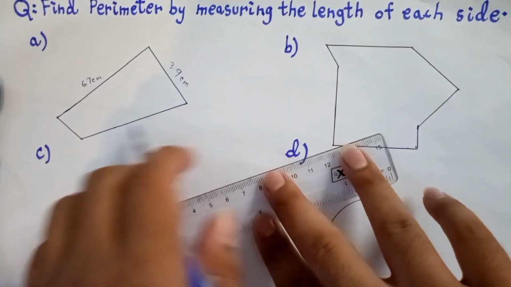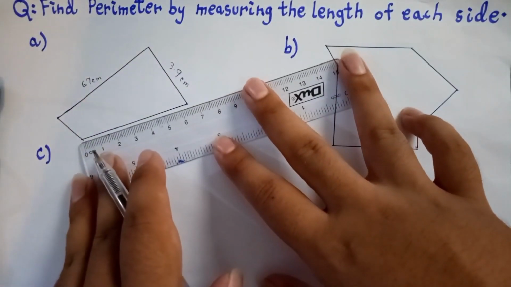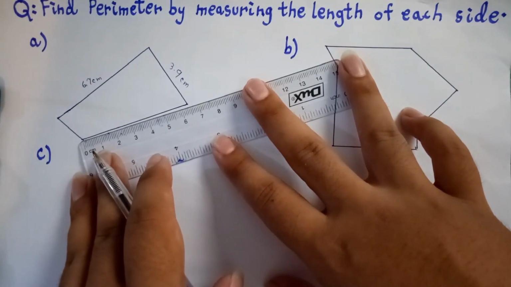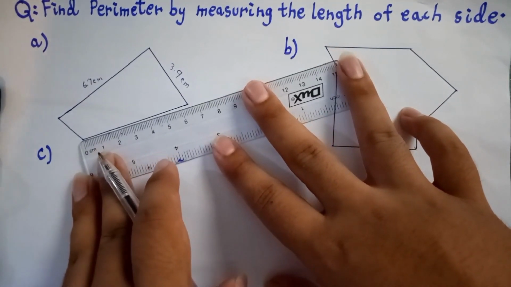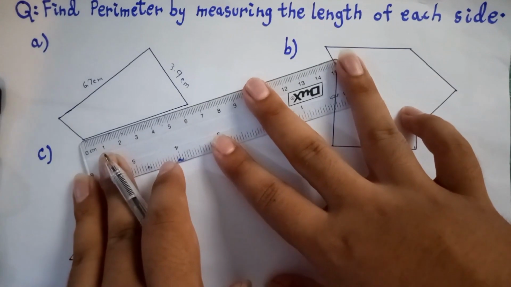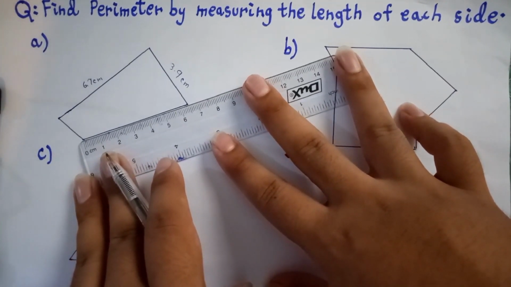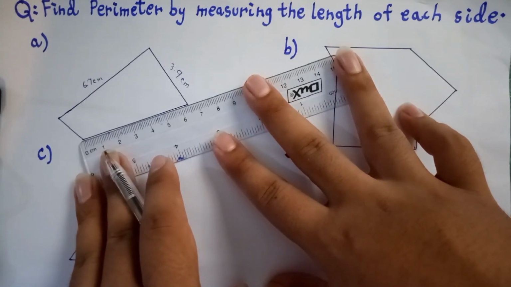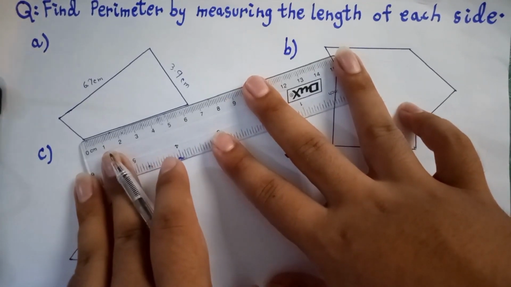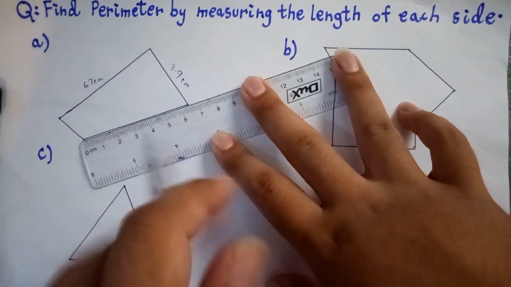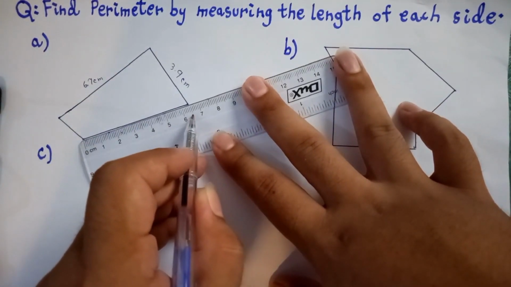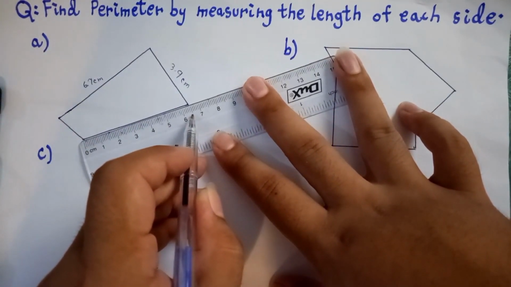Now if we talk about this length, here we have to measure it by putting the 0 here. And here you can see this is 1 millimeter less than 6.5 centimeters.